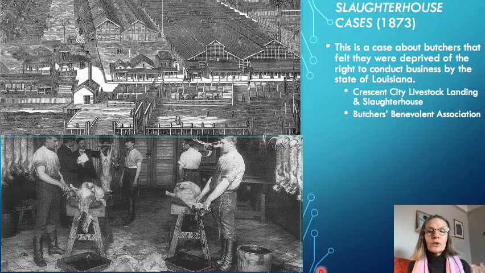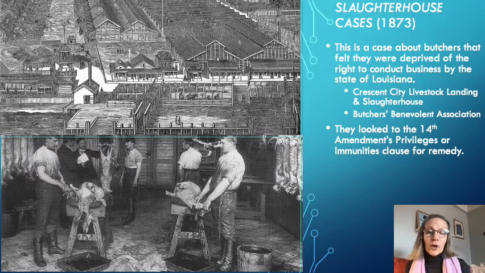And so the Butchers Benevolent Association sues the Crescent City Livestock Landing and Slaughterhouses, basically saying that the state of Louisiana, by creating that monopoly, deprived those butchers of their rights. Okay. And so let me take the magic pencil off here. Those butchers looked to the 14th Amendment's Privileges or Immunities Clause for a remedy.